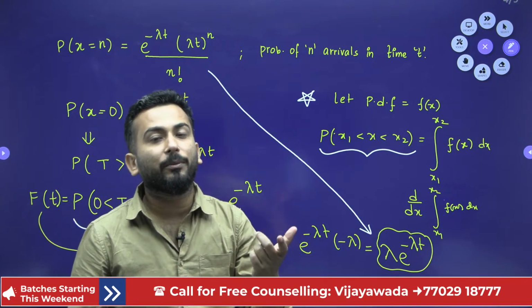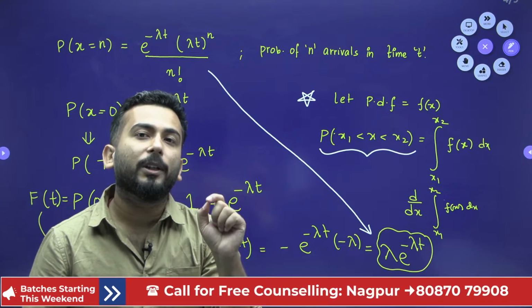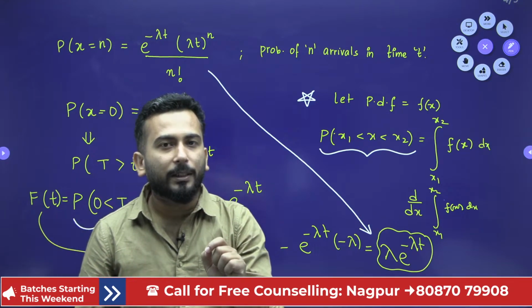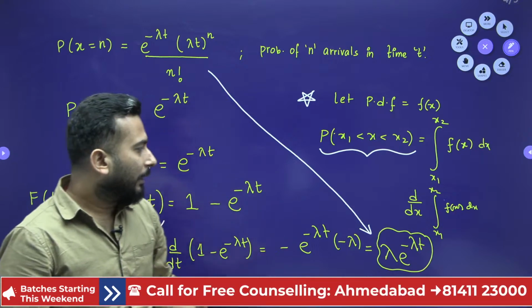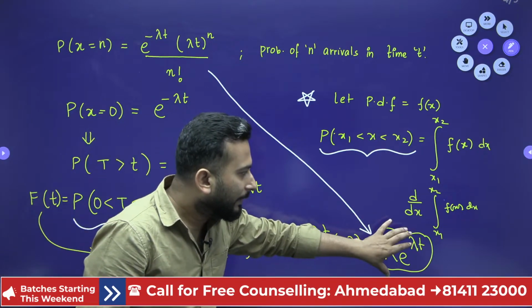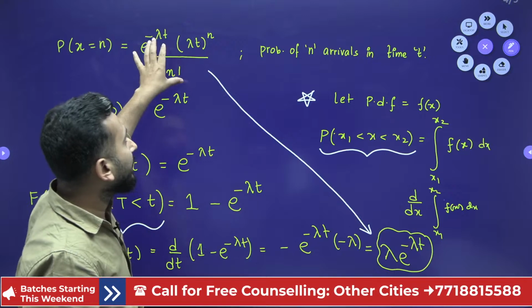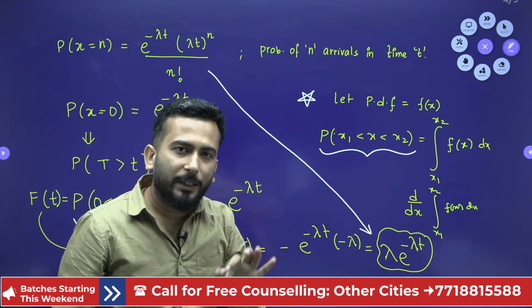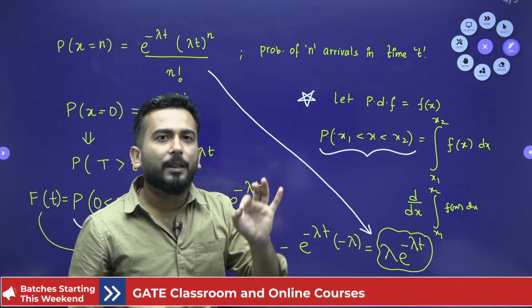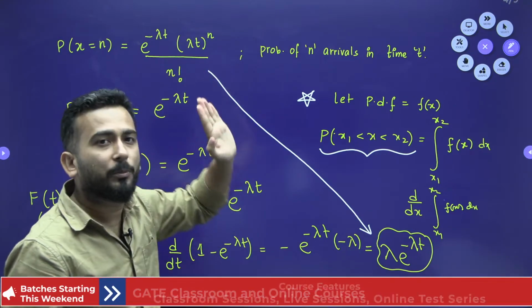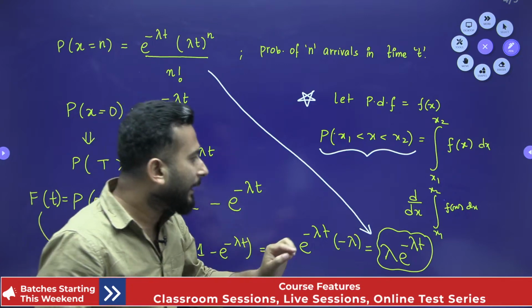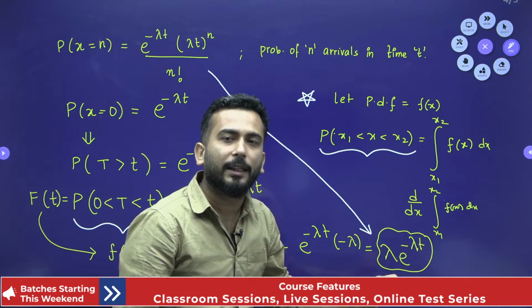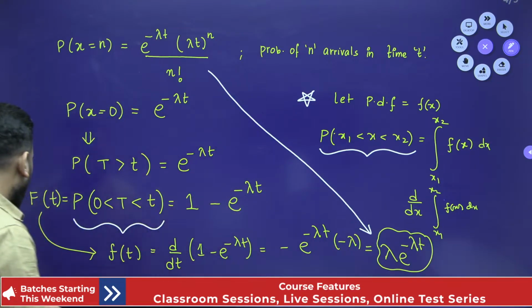Your time can be 1 minute, 2 minutes, 2.5 minutes, 3.5 minutes, something like this. So this is the time distribution and this is the arrival distribution. So again I am repeating the statement: if arrival follows Poisson distribution, then inter-arrival time follows exponential distribution, and I feel that we should write this over here.